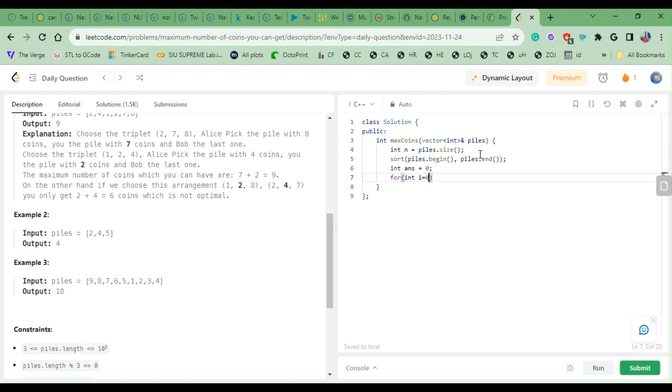It has to start from 0, then i less than, and we should assign another variable like j, and it would be n minus 2. I'll tell you why n minus 2. Then I plus plus.